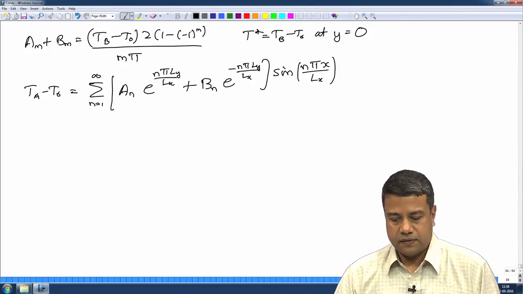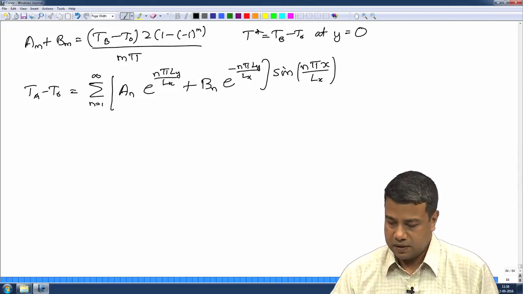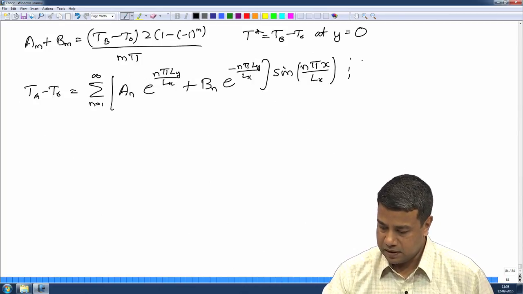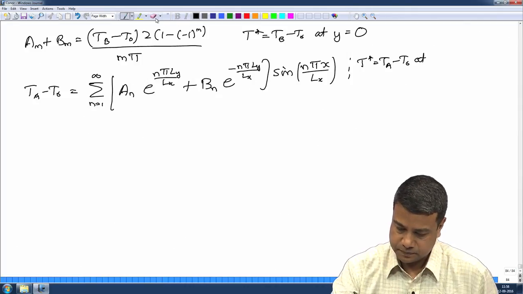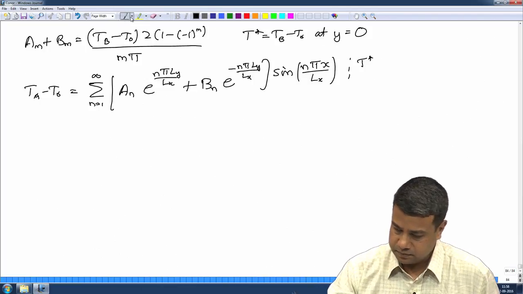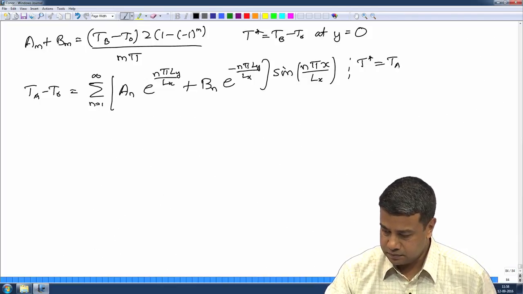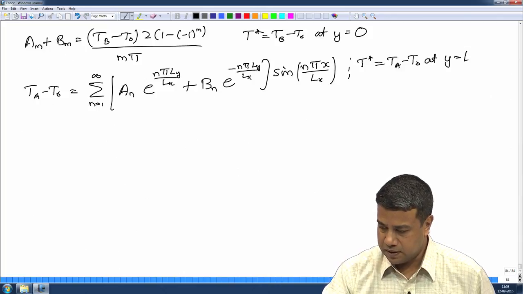And now once again I have to use the orthogonality relations. This is the boundary condition that T star is equal to TA minus T naught at y is equal to Ly.